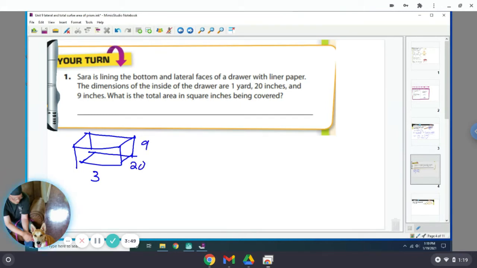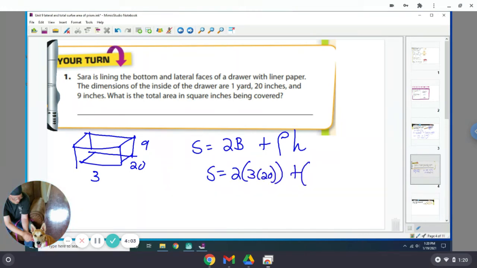And again, I know it doesn't look right. But we're going to do the surface area, which is 2 big B plus big P times H. So it'll be 2 times 3 times 20 plus 3 plus 20 plus 3 plus 20 times 9.